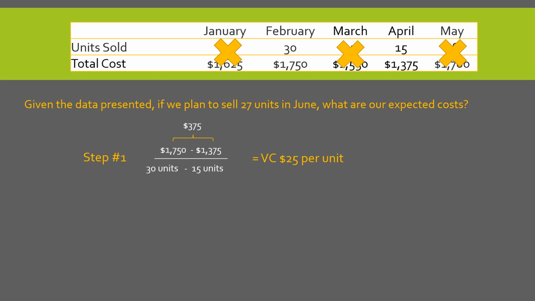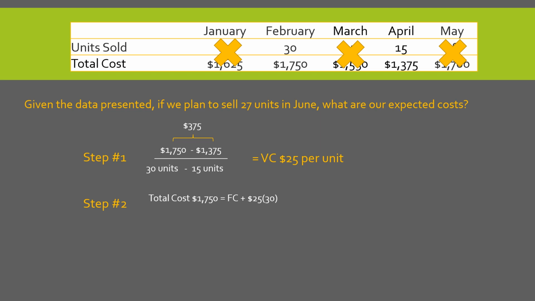Step 2 is to calculate and solve for fixed costs. I can do this by substituting into the formula, which I know is total cost equals fixed cost plus variable cost times the activity. I can substitute into high or low, so let's go ahead and substitute into high.